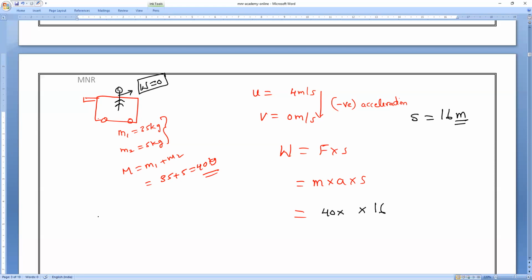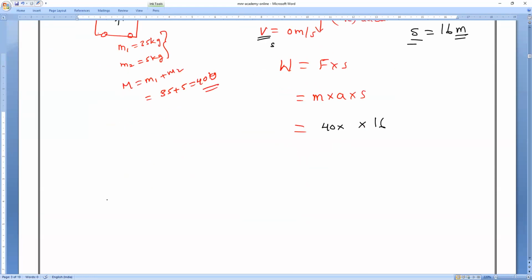So how do we find the acceleration? Initial velocity is known, final velocity is known, distance is known. So which equation can we use? The third equation: V square minus U square is equal to 2AS. Final velocity is 0, so U square is equal to 2AS.